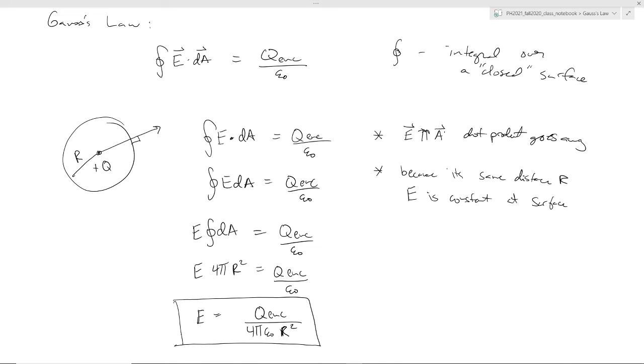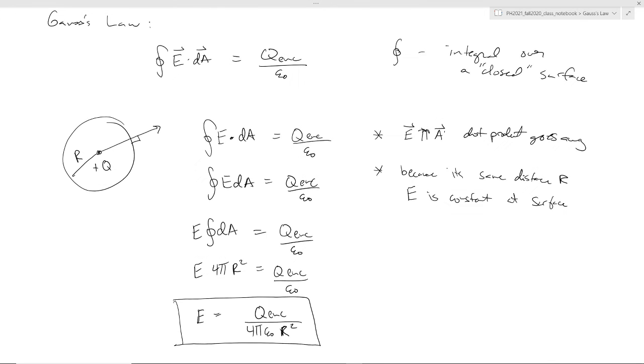Now, this example is maybe not super surprising, or I think it's clear where this came from, but maybe it's less clear that this is so useful, which I've been harping on.